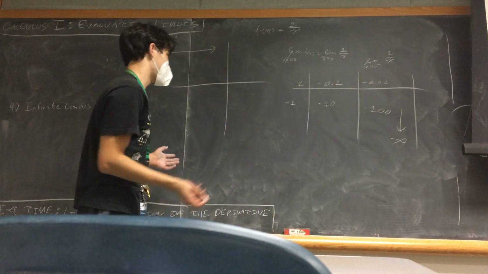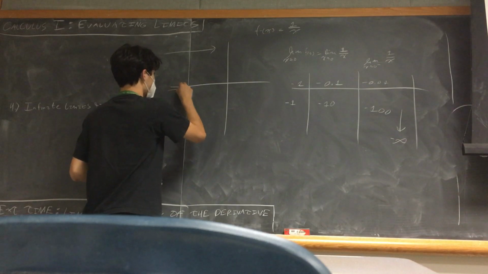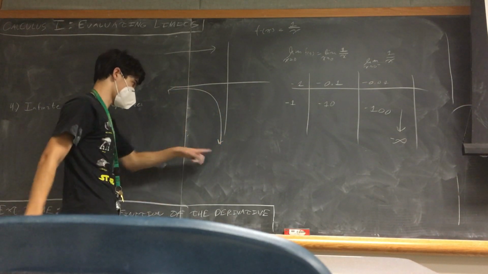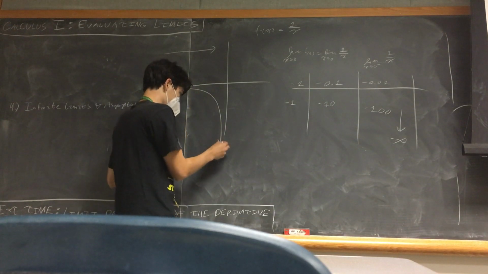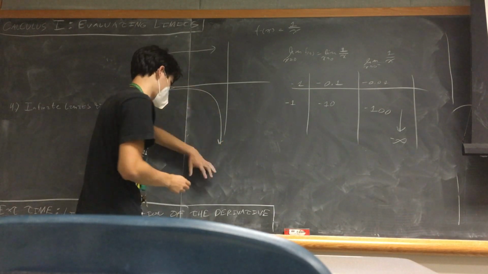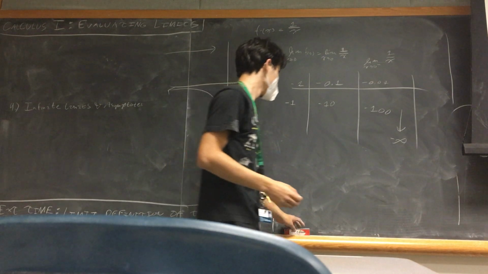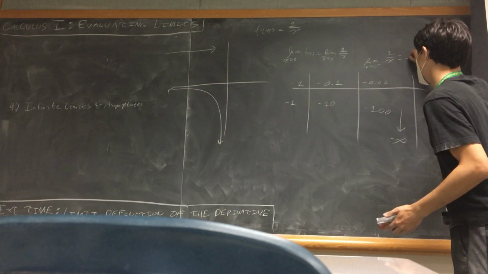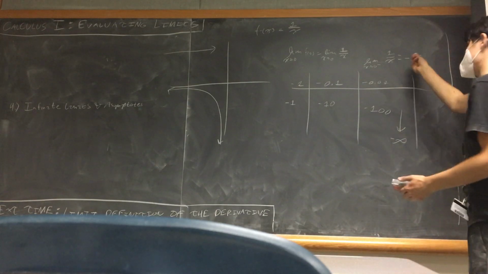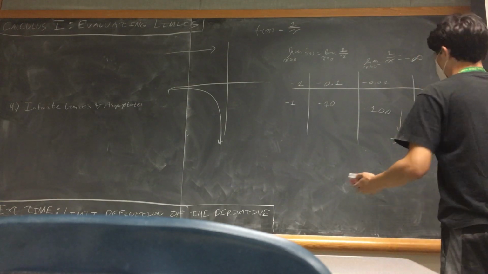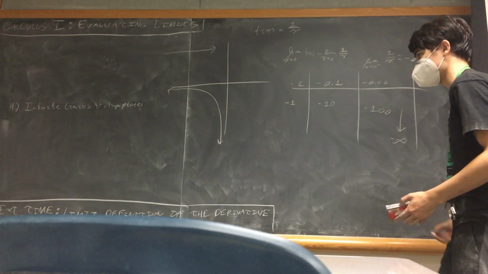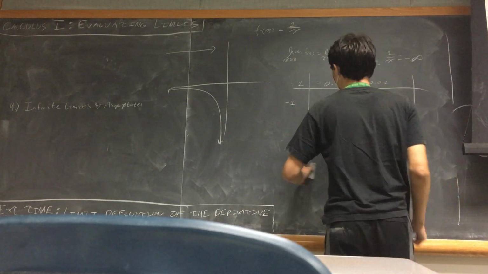And if you look at the graph of 1 over x, this is in fact what this graph appears to be doing. It looks like it's just going down, decreasing without bound. So we say that the limit as x approaches 0 from the left of 1 over x is negative infinity. Meaning, as x approaches 0, it keeps decreasing without bound.